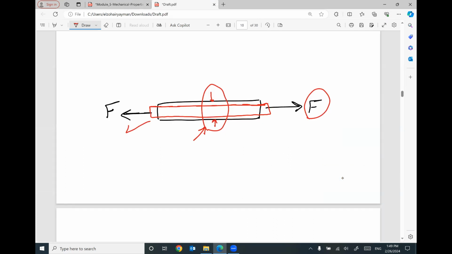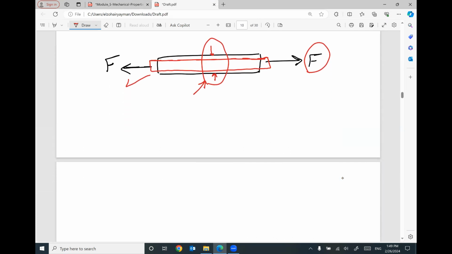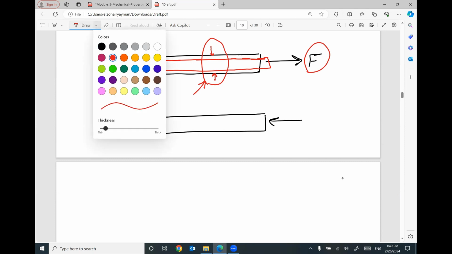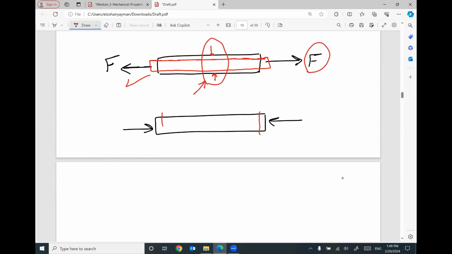Keep in your mind, what happened under tension will be the same if you have a member under compression. If you have a member under compression, yes, we will have contraction. The length of the member will decrease, but at the same time, the diameter will increase.